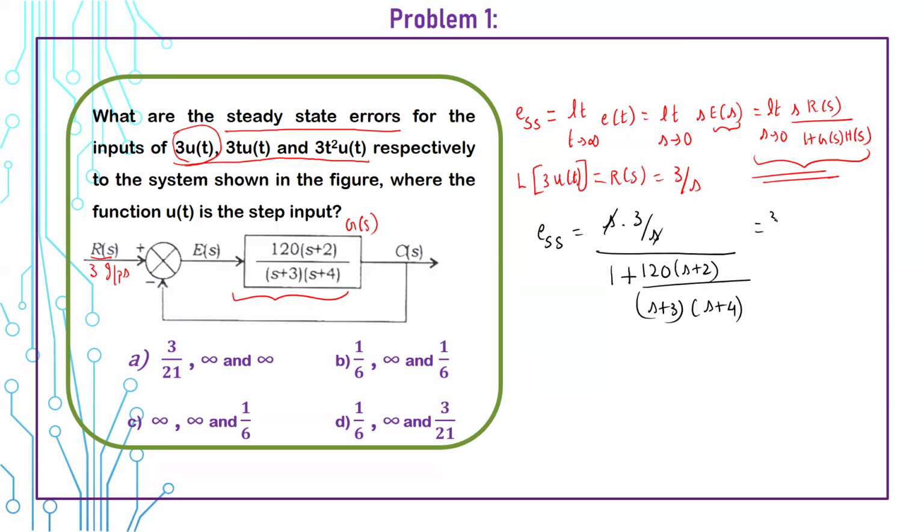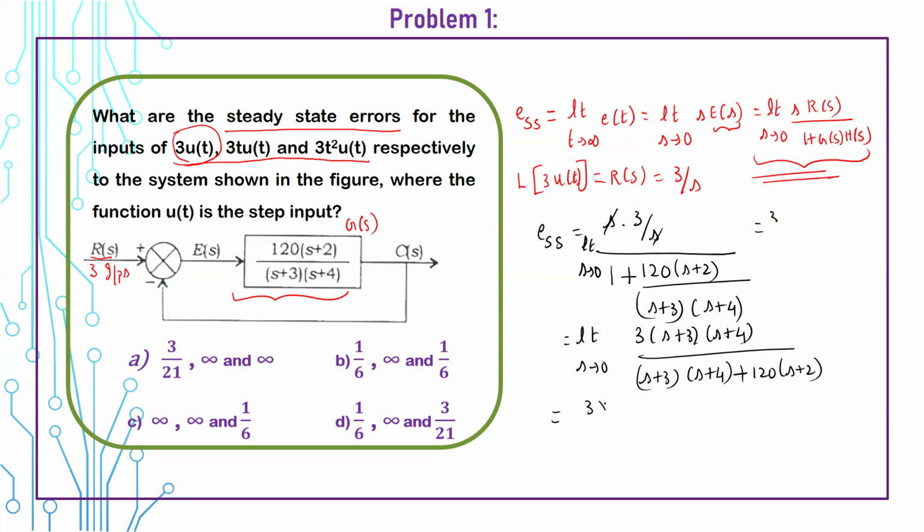So simplifying, limit s tends to 0 of, in the numerator, 3 into (s plus 3) into (s plus 4), and in the denominator, (s plus 3)(s plus 4) plus 120(s plus 2). Now, by applying the limit s as 0, this will become 3 into 3 into 4 by, in the denominator, 3 into 4, 12, 12 plus 120 into 2, 240, plus 12, 252.